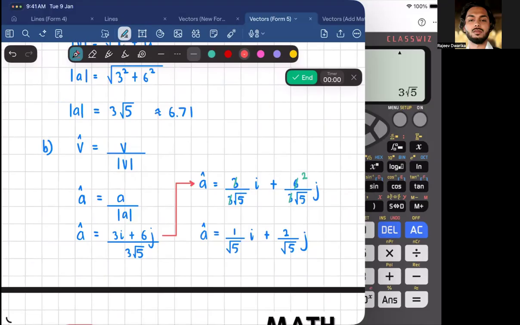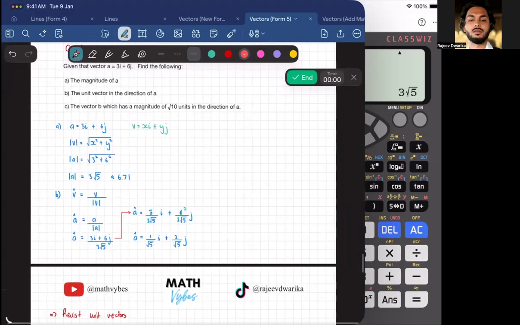So I just found the unit vector. And what's the length of our unit vector? What's the size of our unit vector? One. Yes.